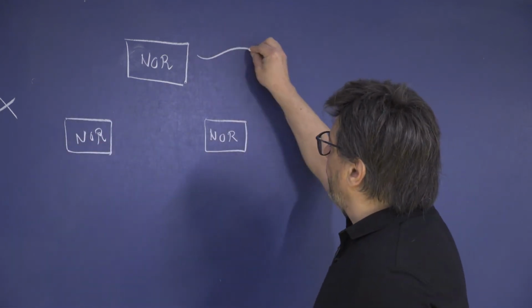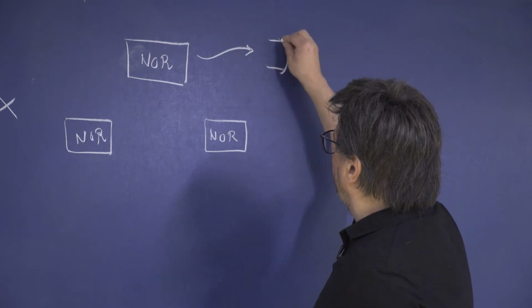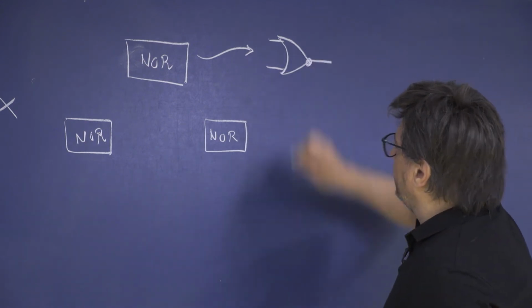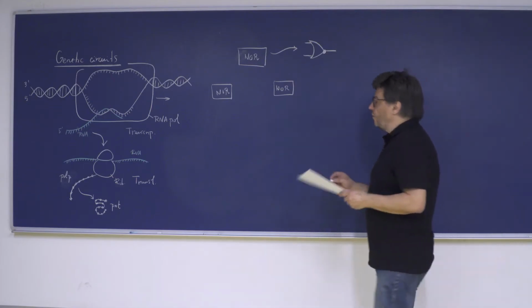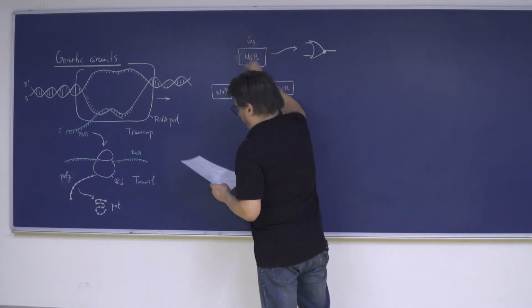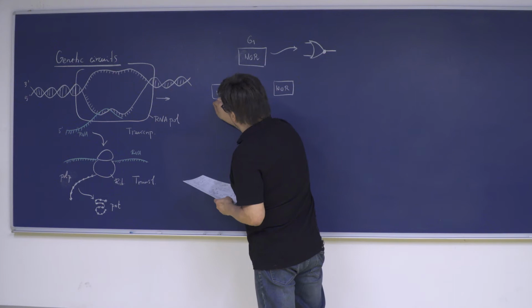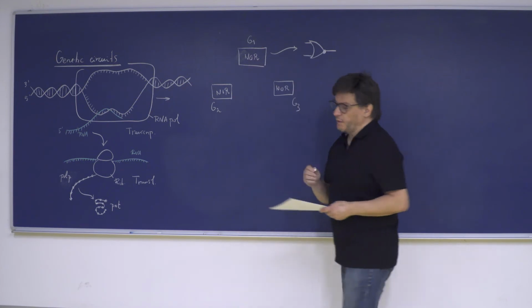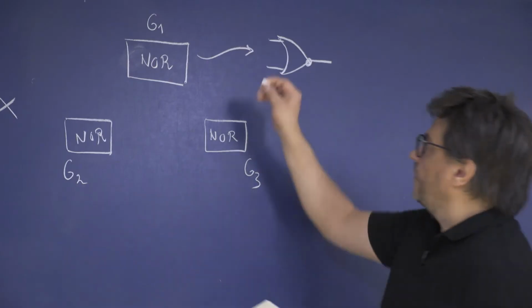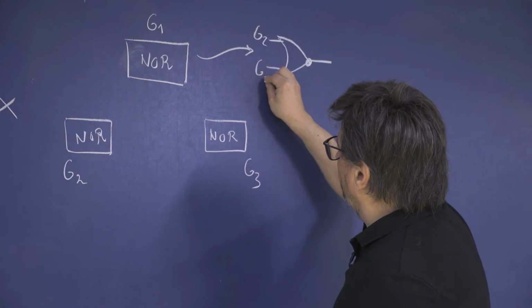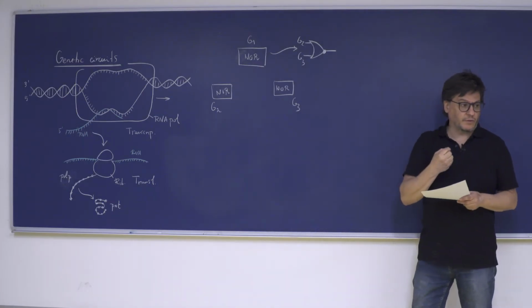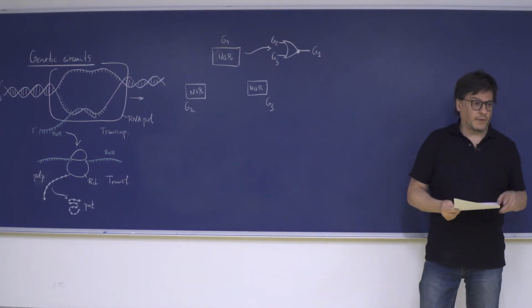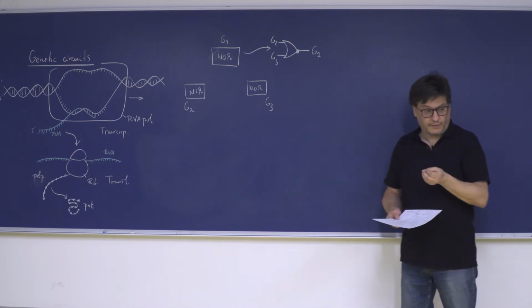Remember that in our diagrammatic description this is expressed in this way, right? And that would be gene 1, let's say gene 2, and gene 3. So for me, gene 1 receives inputs from the other two genes, 2 and 3, right? And its response, whether or not it's active or inactive, will be the output of this. And we can figure out how to do that in molecular terms.